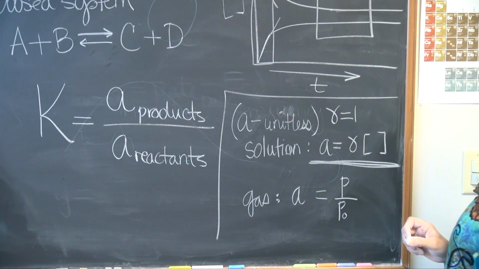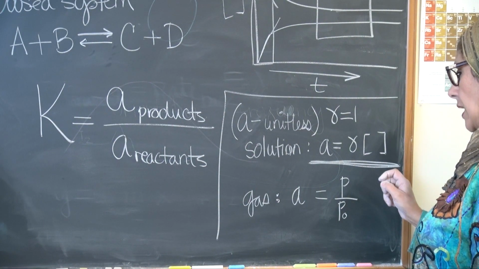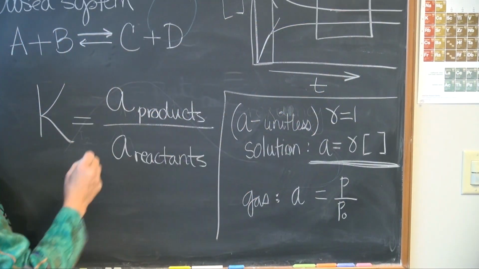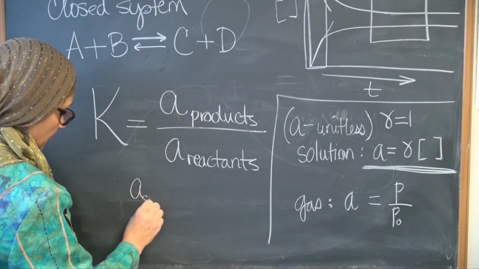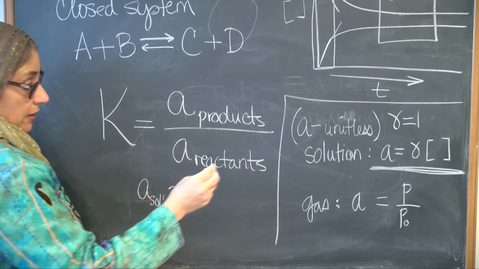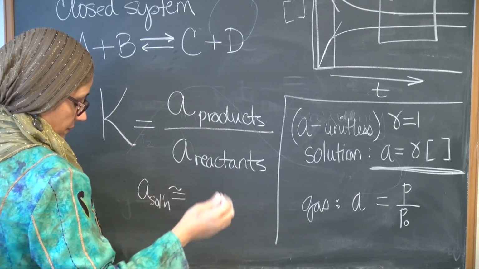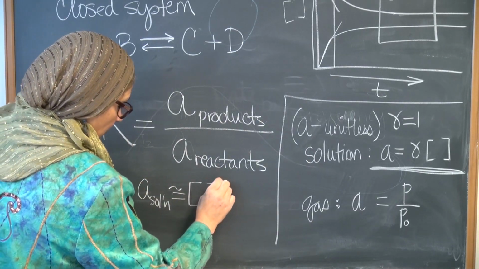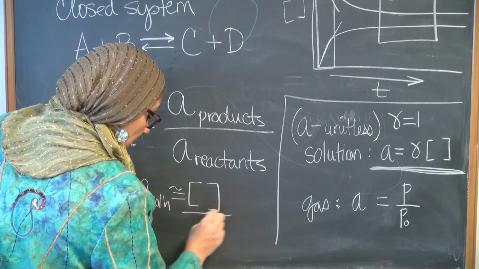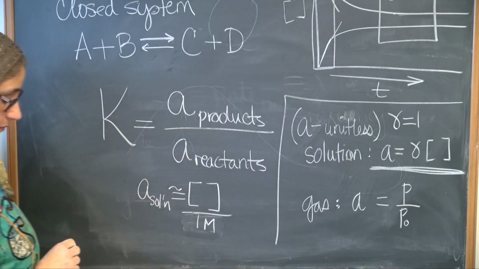Okay? So the activity for something in solution is going to be approximately, and now the activity coefficient drops out because it's equal to 1 as far as we're concerned, the same as its concentration. Now, in order to make it unitless, it's effectively like saying we're dividing by standard concentration, which is 1 molar.